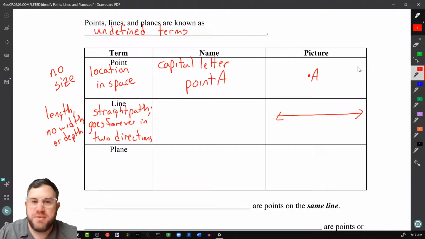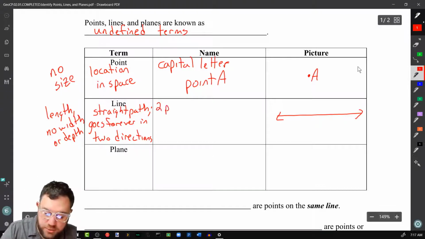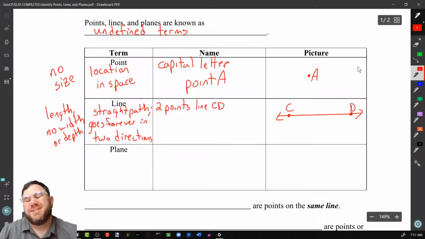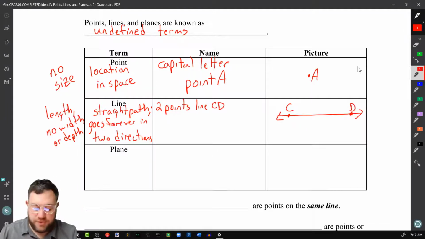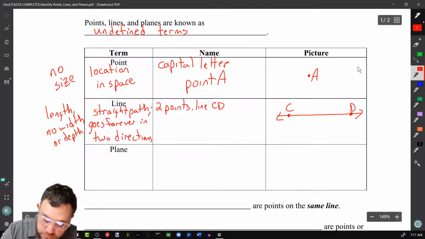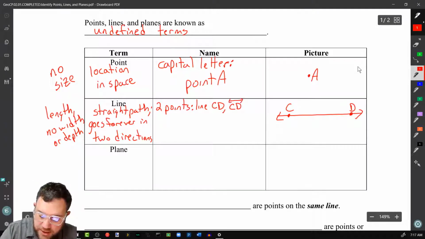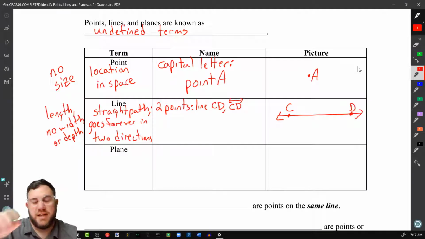Now we have a couple of ways that we can name lines. We can use any 2 points that are on the line. So if I wanted to call this point C and this point D, this would be line CD. Now, we don't like to have to write the word line over and over again, so we have shorthand ways of doing this. If we just wrote the letters CD and then drew a line on top of them, a line that goes over C and D, then that is the same thing as saying line CD.